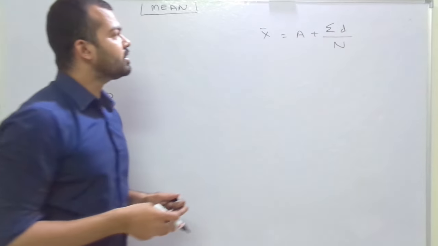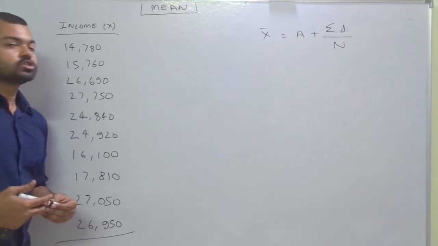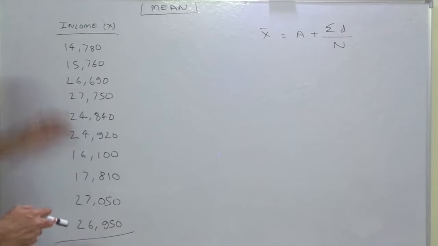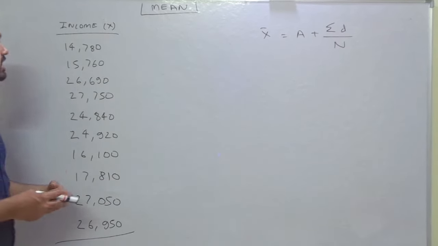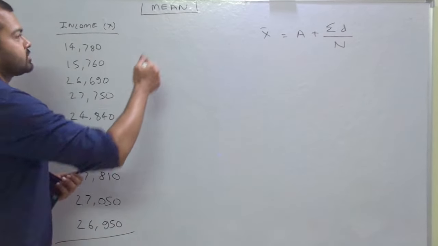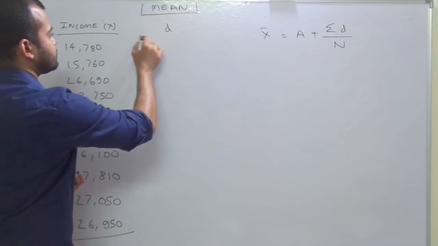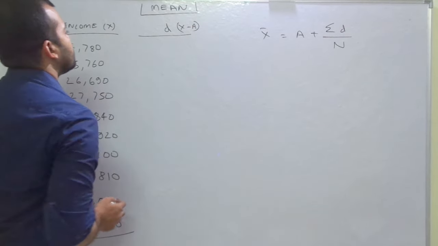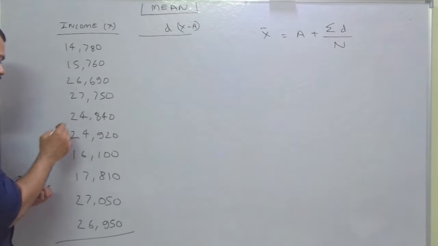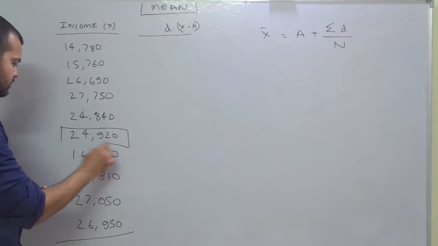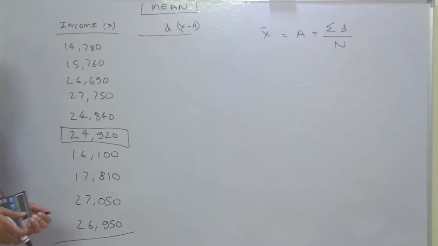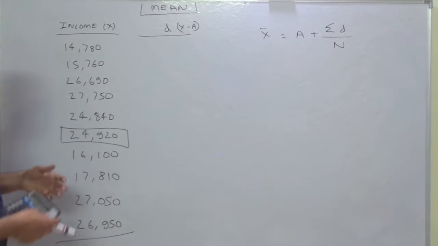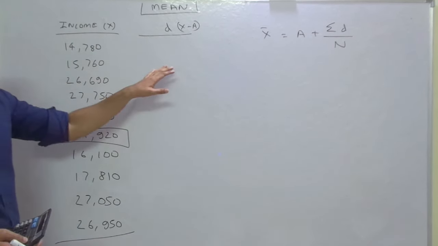This is the formula we use while calculating the mean with the shortcut method. First of all we have to calculate the deviations, that is, d equals x minus a. Here a means we have to assume one figure. Suppose we are assuming this figure. You can assume anything, it doesn't matter.